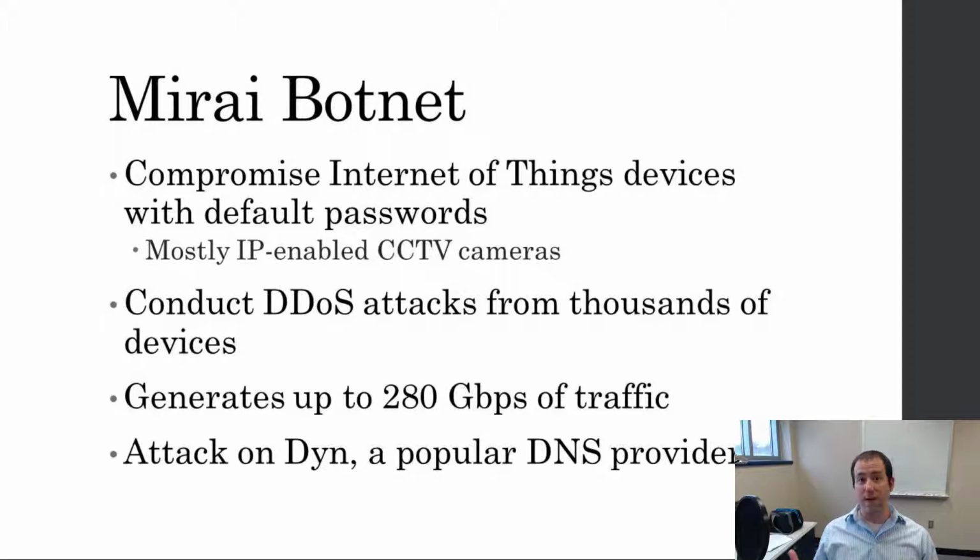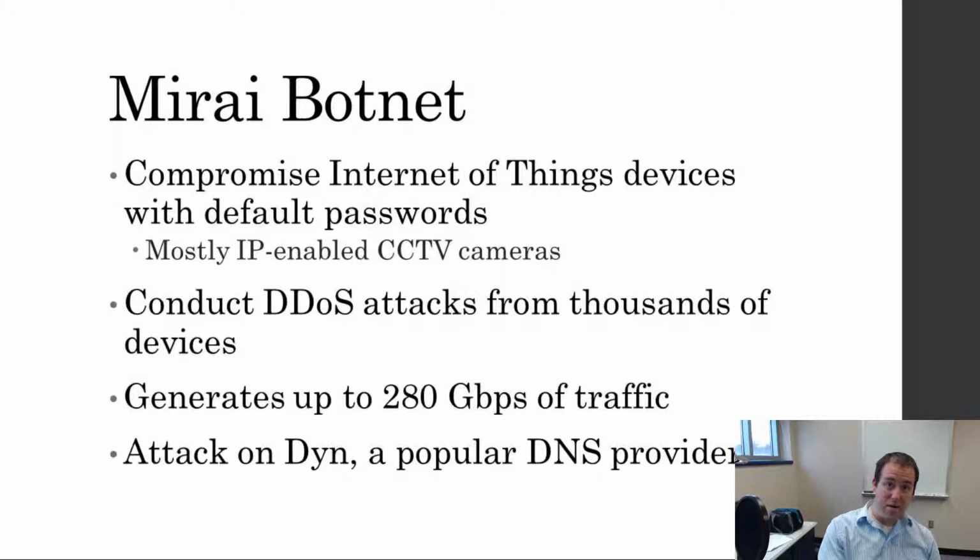And if you didn't change the default username and password, within about 5 minutes, someone from this botnet would have scanned you and compromised your security camera and set it up as a bot, one of the zombies on this botnet that's able to do all sorts of things, including conducting distributed denial of service attacks.